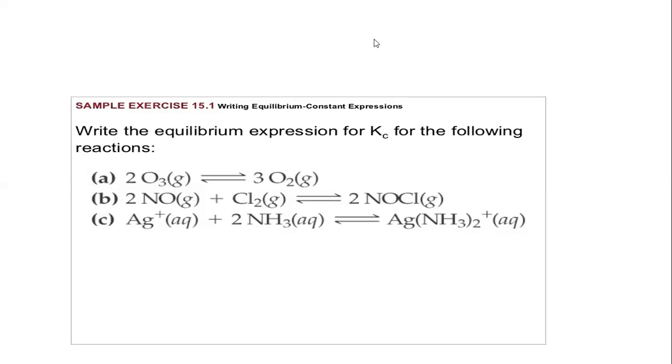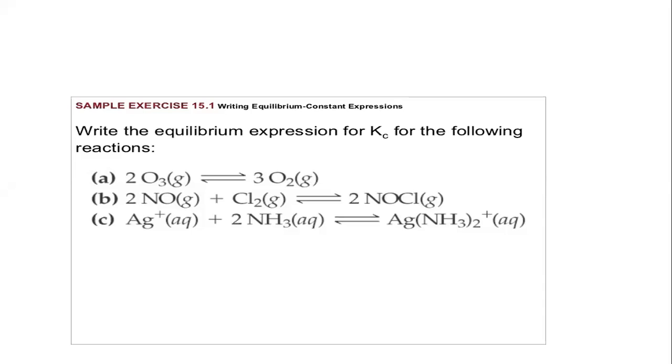Okay. Kelvin. What was your result for A? Kc is equal to the concentration of oxygen gas, squared, over the concentration of oxygen subscript 3, squared. Okay.